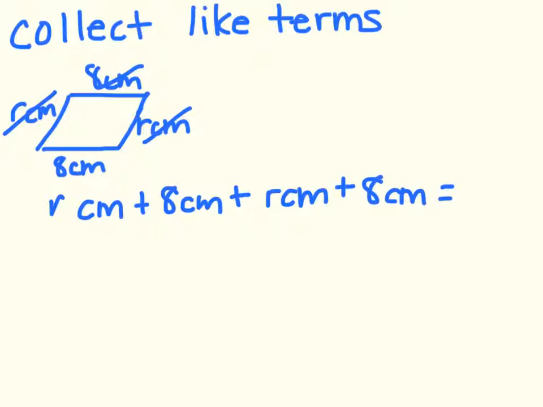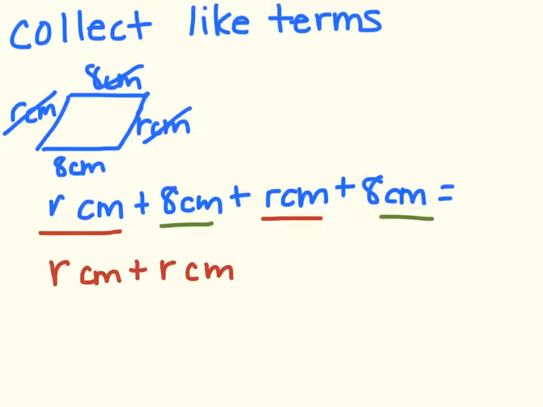All right. So now let's go through and identify our like terms. We have two different kinds of terms. We have our variables, r, and we have our numbers, 8. So we're simply going to collect those terms and put them together. So let's rewrite our statement as r centimeters plus r centimeters plus 8 centimeters plus 8 centimeters.